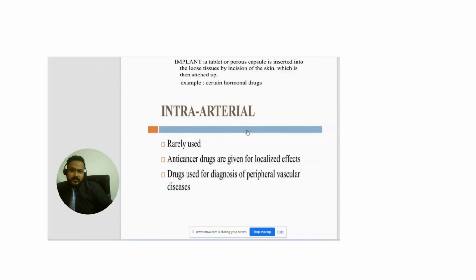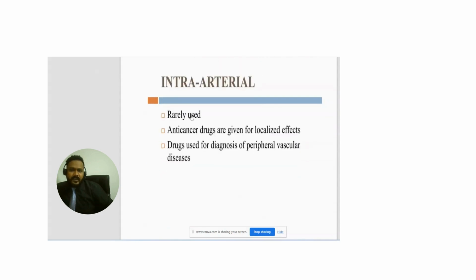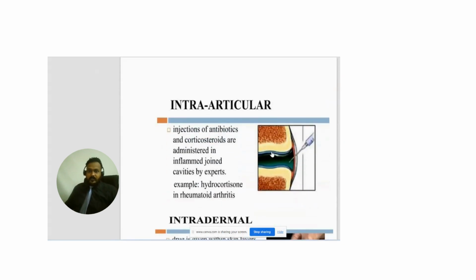Intra-arterial, it is very rare, and anti-cancer drugs are given for localized effect, and drugs used for diagnosis of peripheral vascular diseases. Now, intra-articular, these injections are used in the location of joints. Injections of antibiotics and corticosteroids are administered in the inflamed joint and the cavity by the expert.